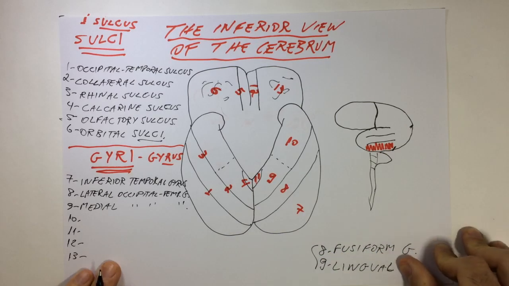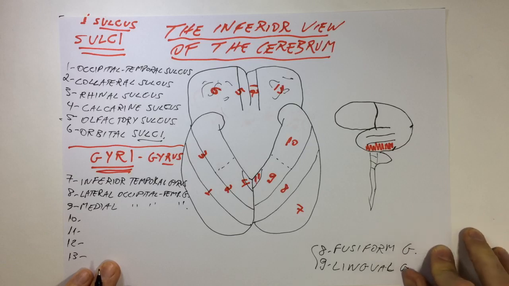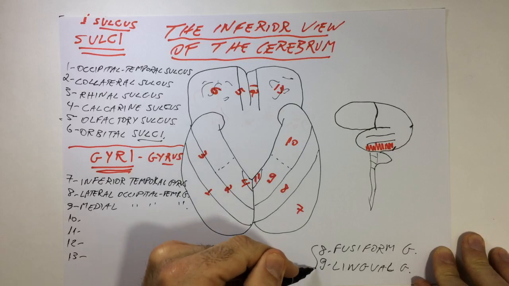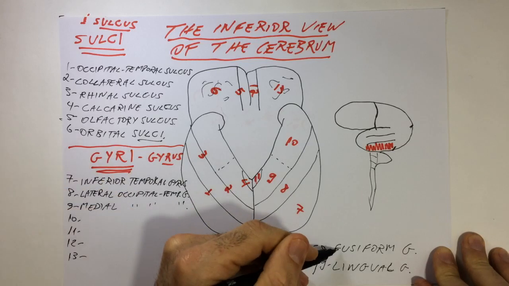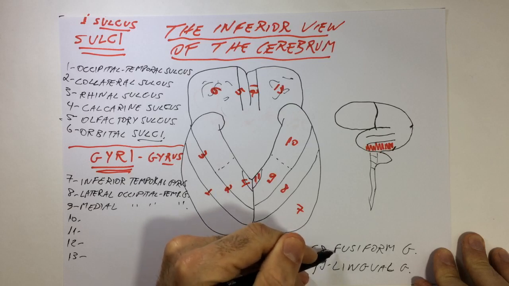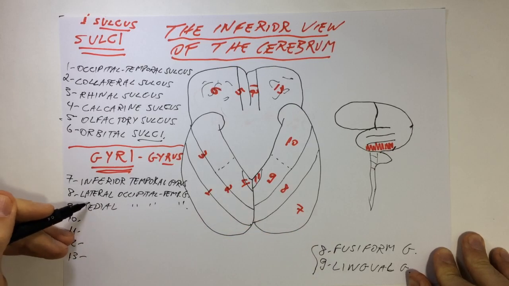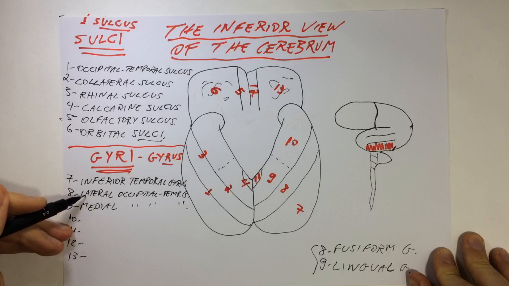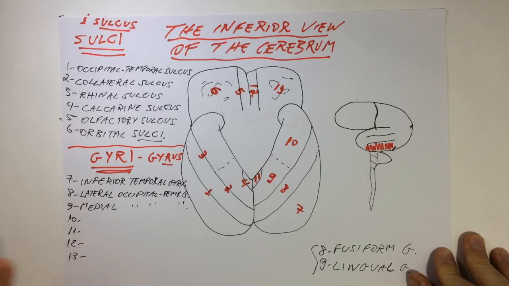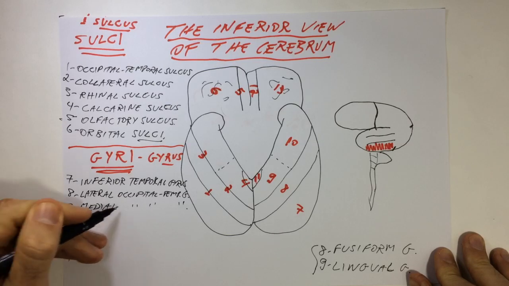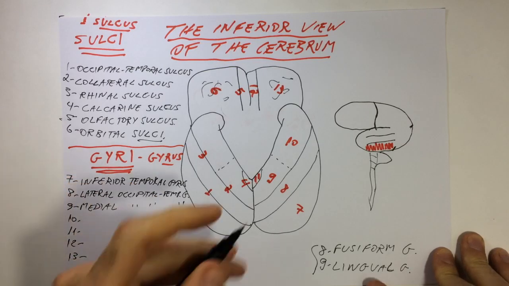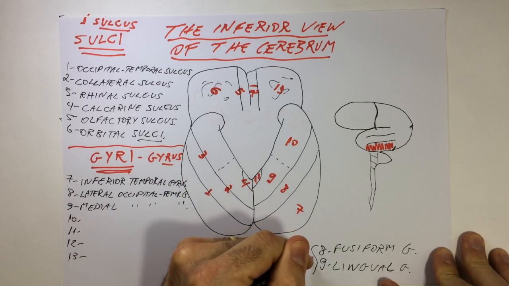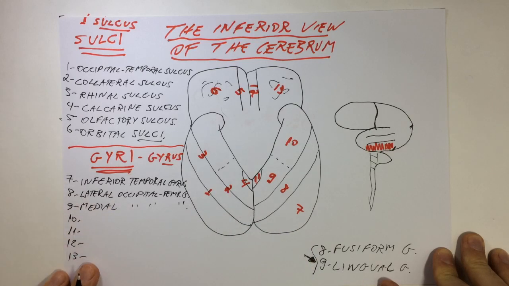Fusiform gyrus and lingual gyrus. And I'm not totally sure about that, but I feel like in English people tend to use these two names, fusiform gyrus and lingual gyrus, more than these two here. In Portuguese, we use pretty much just these two ways to name these two gyri, lateral and medial occipital temporal gyri. But in English, I feel like they use these two names more than these ones here.